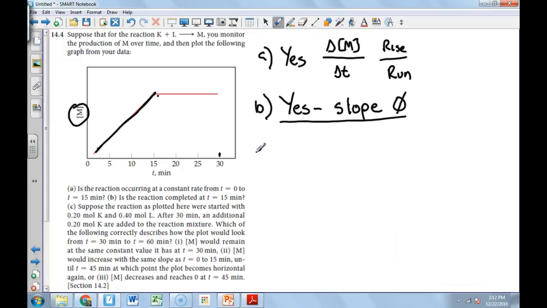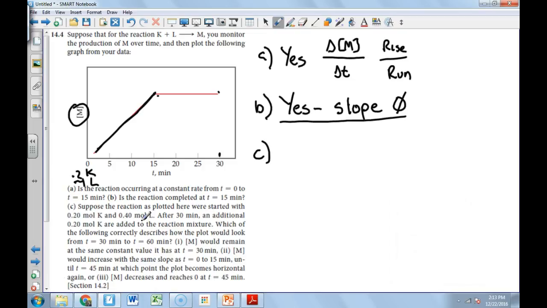Now for C, it says, suppose the reaction is plotted. Here we started with 0.2 moles of K and 0.4 moles of L. So at the beginning, you have 0.2 K and 0.4 L. After 30 minutes, an additional 0.2 is added.